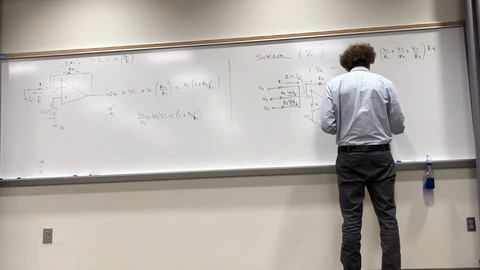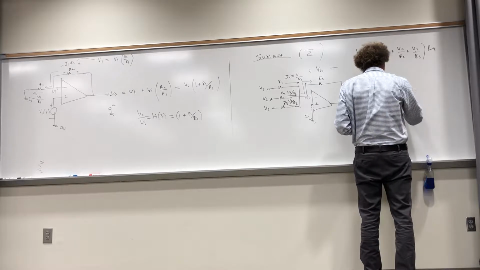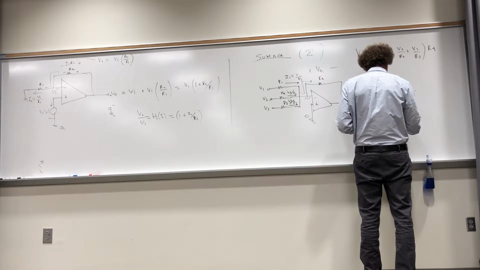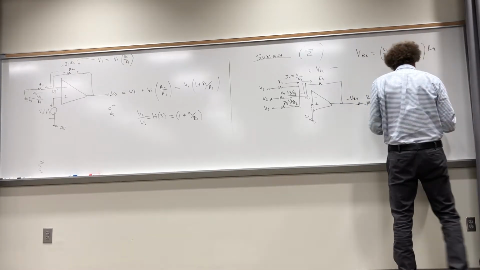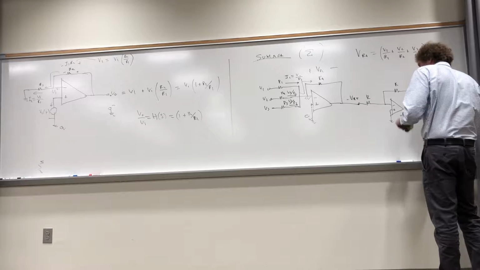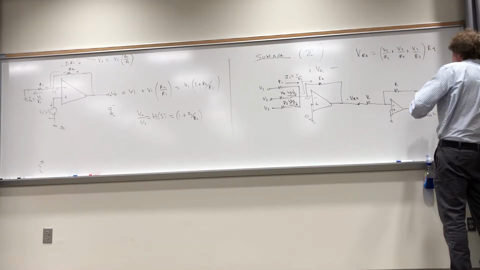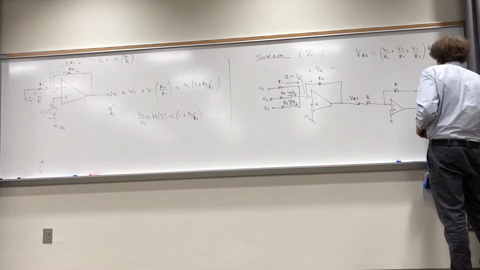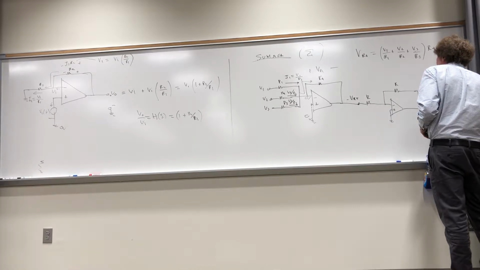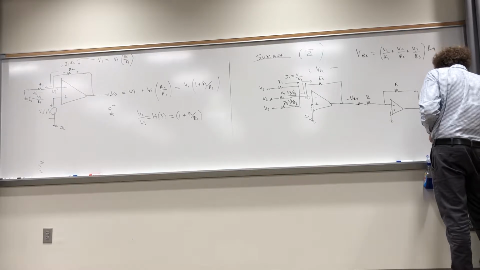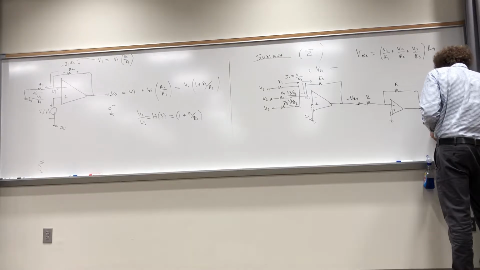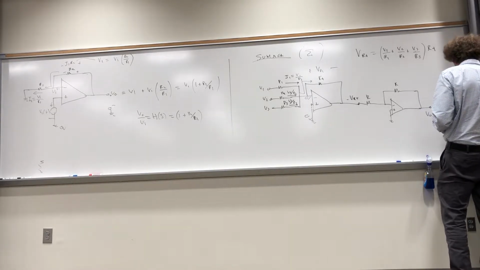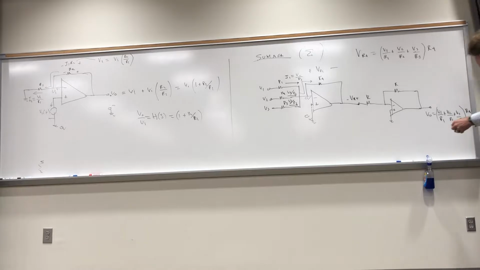R here, R here, and now this, V out, right here, would be equal to V1 over R1 plus V2 over R2 plus V3 over R3, times R4.